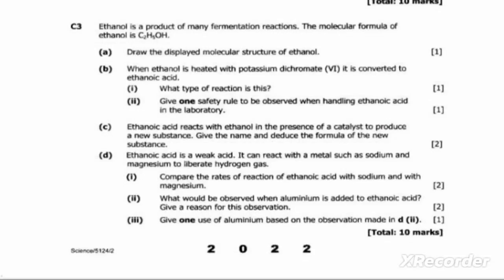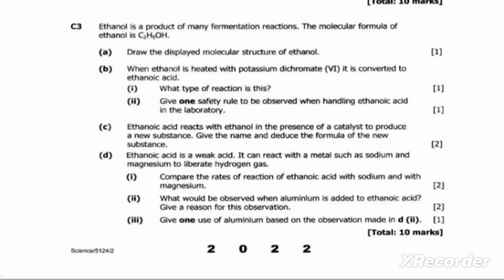Okay, we shift to the next question, which is question D. Ethanoic acid is a weak acid. It can react with a metal such as sodium and magnesium to liberate hydrogen gas. Question D, Roman numeral 1.